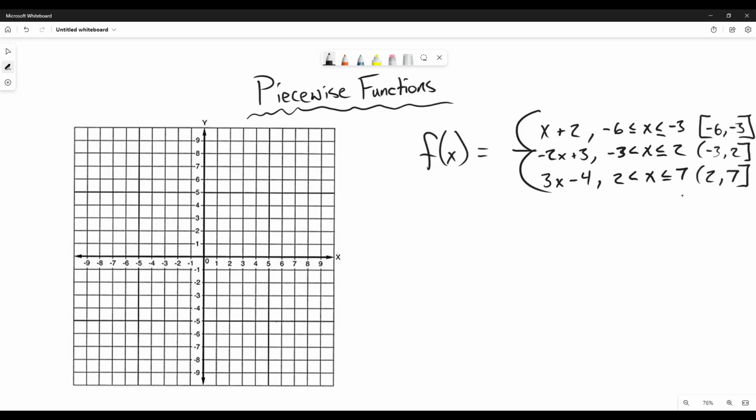So now that we have this, we can start graphing out the function. Between -6 and -3, we have x plus 2. So let's graph this real quick. We have x plus 2, so we have plus 2, and we have x. Now, since we're building it between -6 and -3, we're going to build it like this.